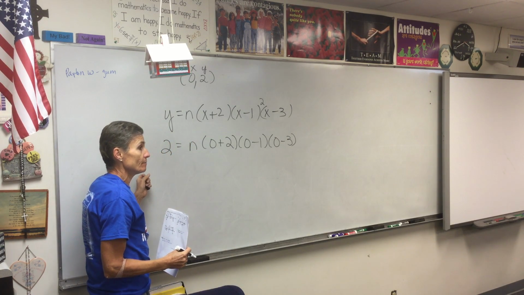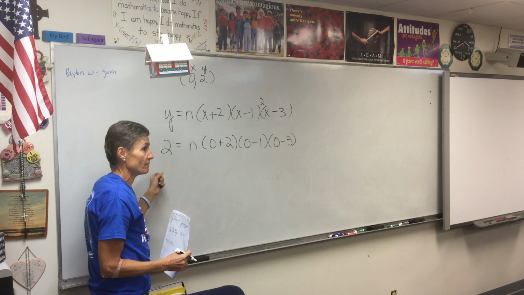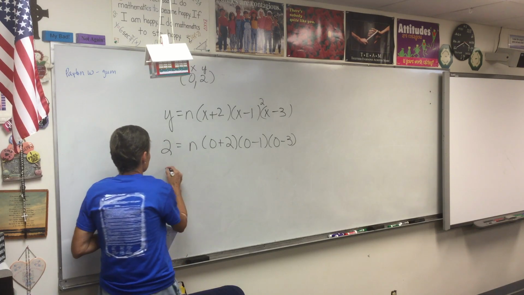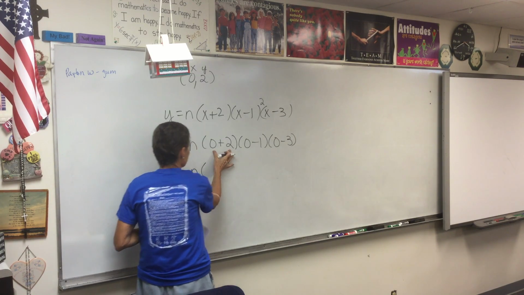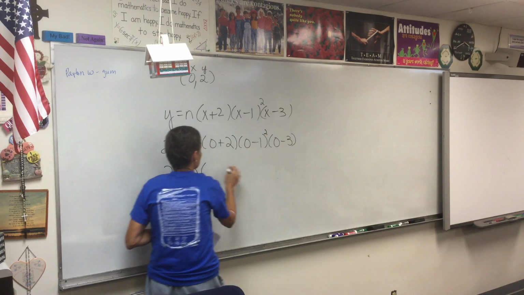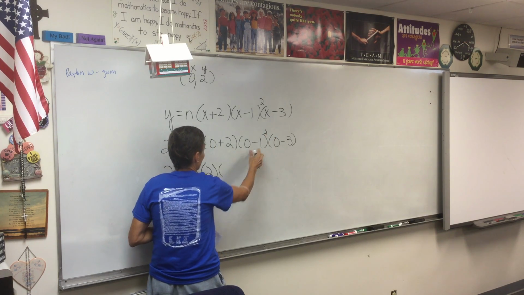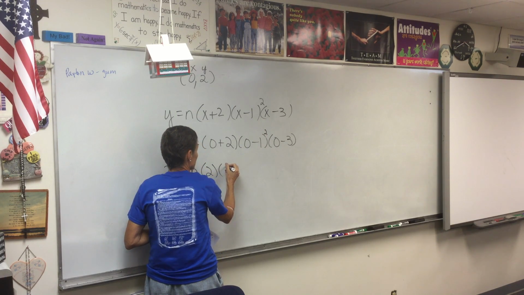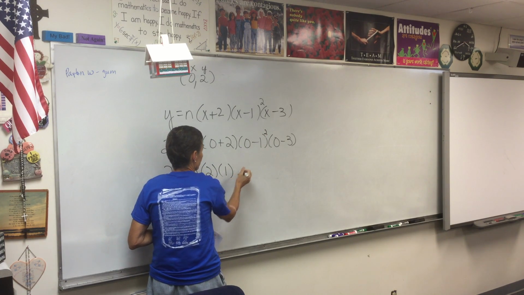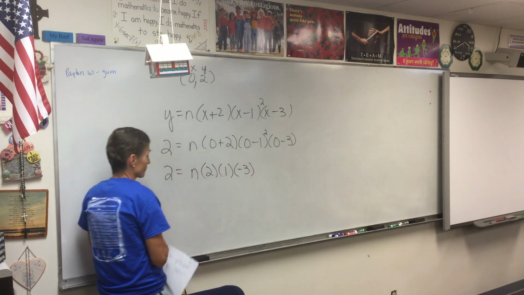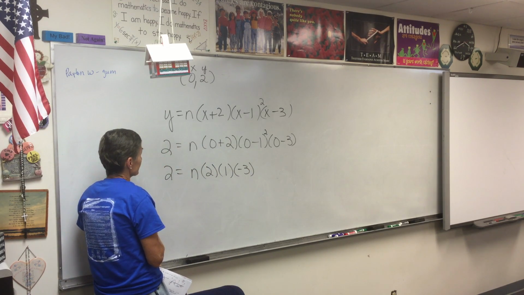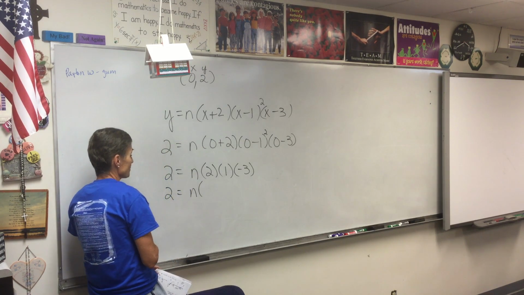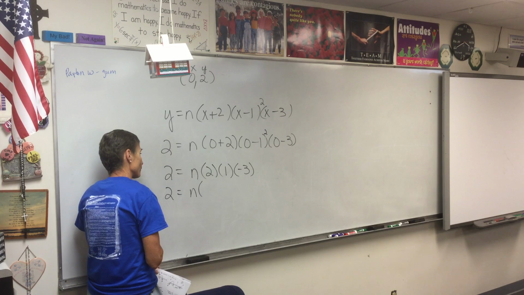This is what you did with your parabola. Remember, you put in your vertex, and then you had to figure that point. So 2 equals n times, whoops, that's a square, this is a 2. What's this? Remember, that one's squared, so that'll be a 1 and a negative 3. So multiplying all that together gives me negative 6.